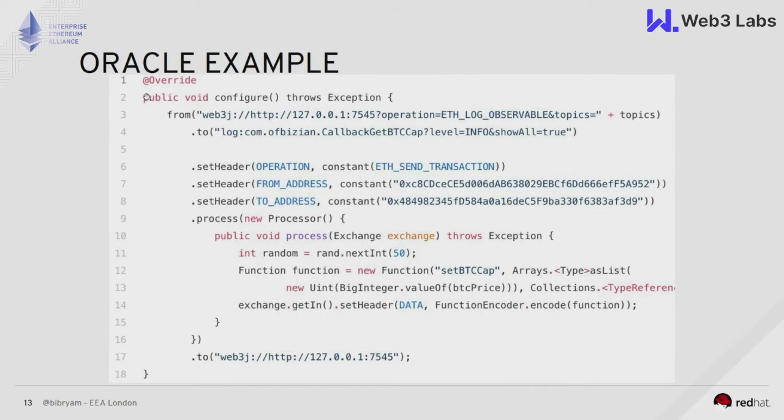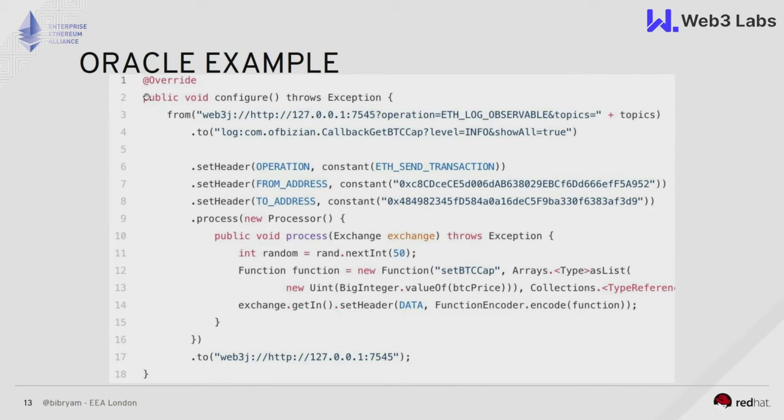Here I have a very simple Oracle example using a Camel route, just to demonstrate how you could use this library. This Web3j basically means use the Web3j connector. We have the host, the port, and we are basically observing the logs for specific topics.